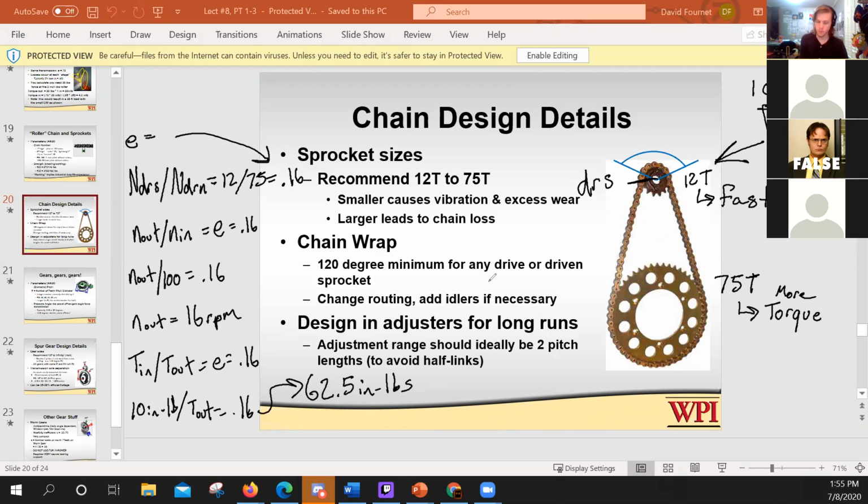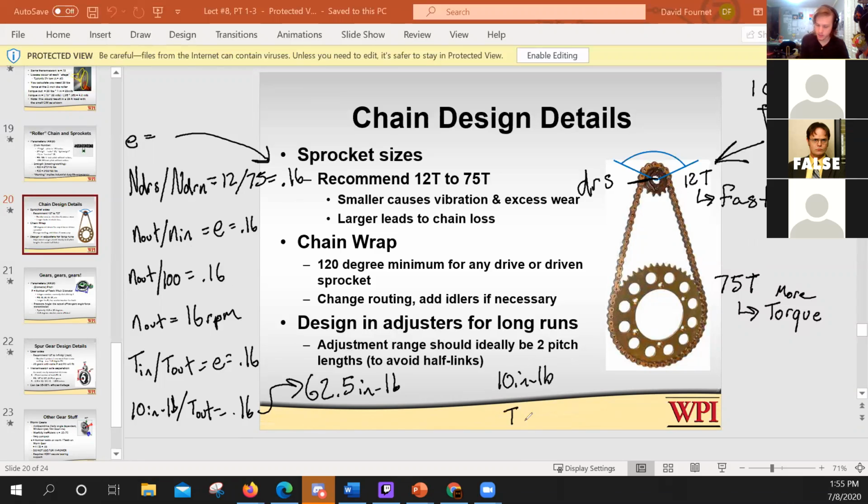So what this shows is that if we know the number of teeth of our gears or our sprockets, then we can find not only our speed out and our torque out, but if we wanted to go in reverse, we could do the same thing. Let's say we had 10 inch-pounds going in, right?